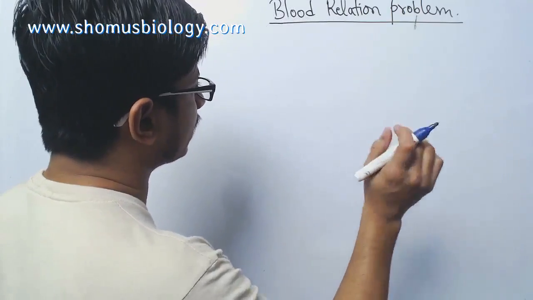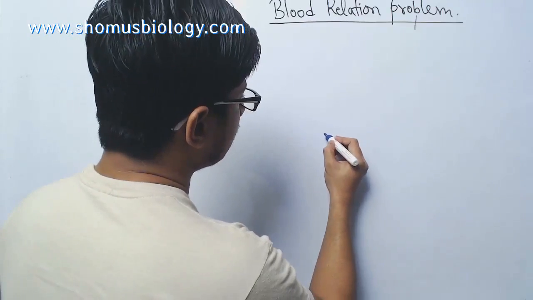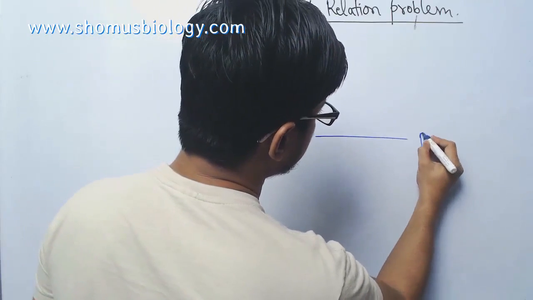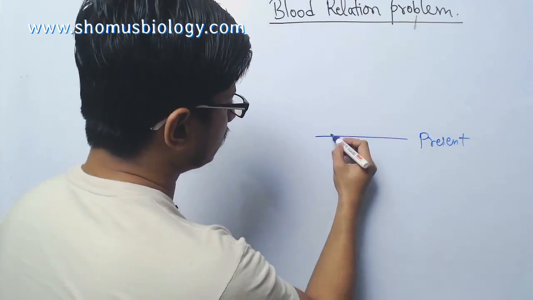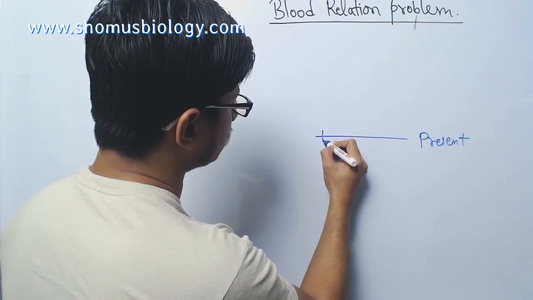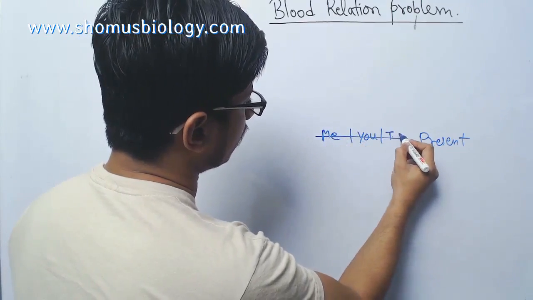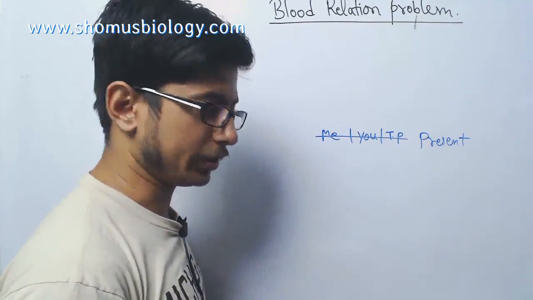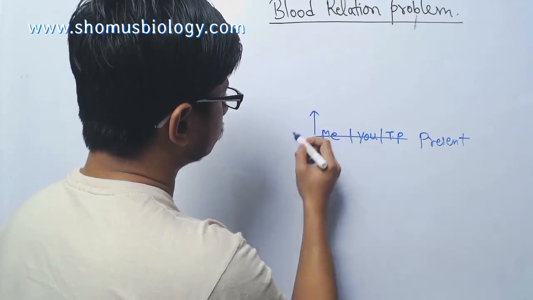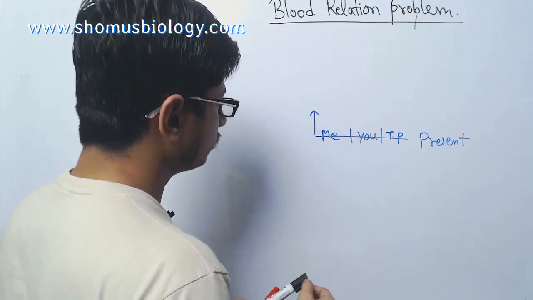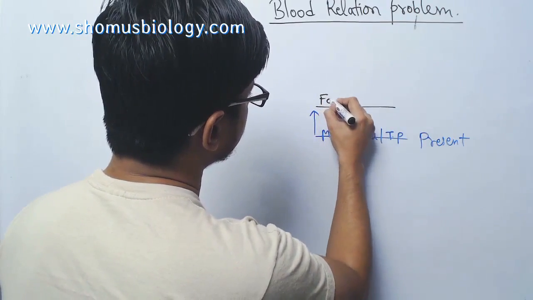In the relationship scale, let's see the different generations. Let's say you are at the present generation. This is the present generation, and in it is us, let's say me, or you, or any other third party in the same generation. Now if we go one generation up, we get the generation of fathers.